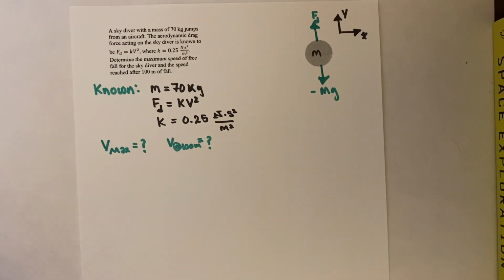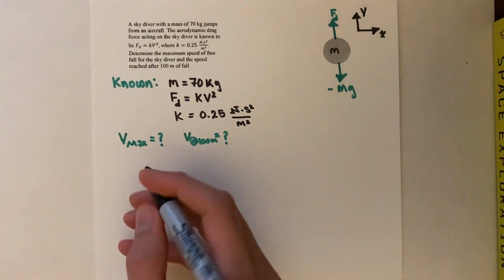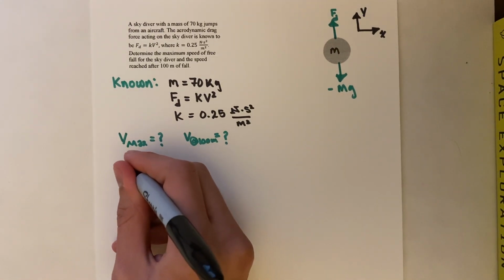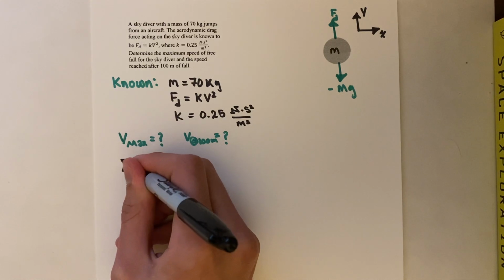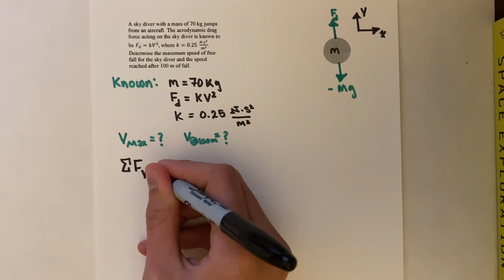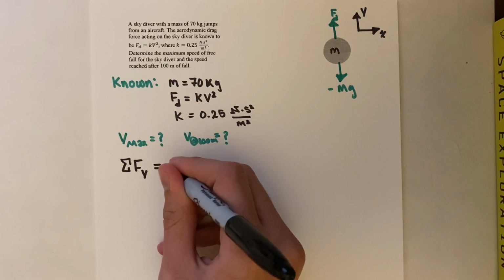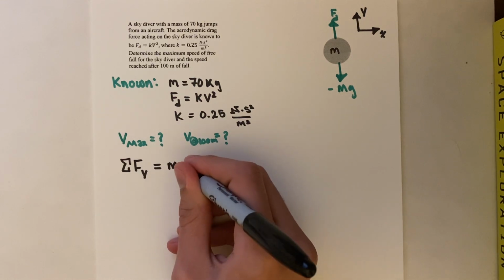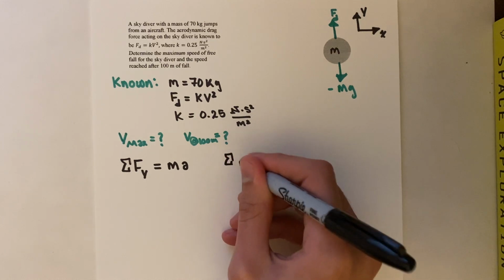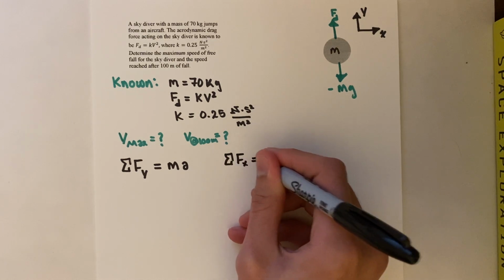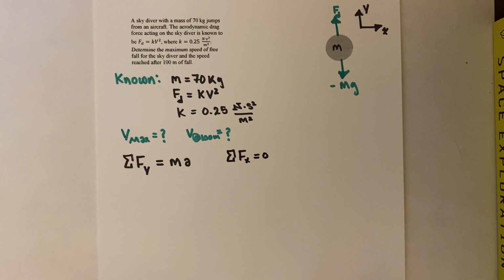The next step is, if you recall from your dynamics class, that we could sum the forces in the x and y direction. I'm going to start with the y. Summation of forces in the y direction would be mass times acceleration, and the summation of forces in the x direction would equal 0, because we don't have any forces in the x direction.